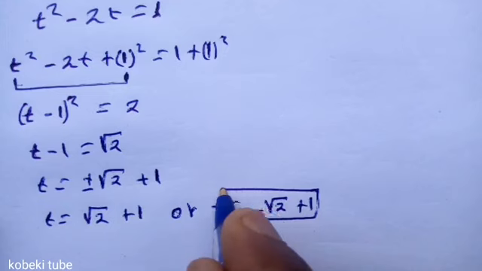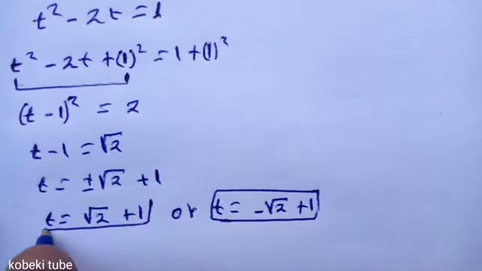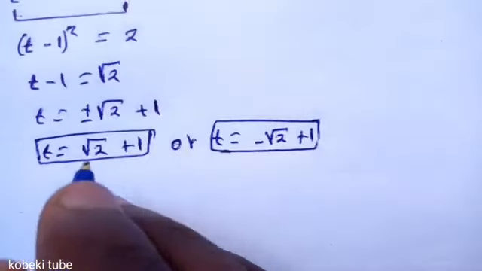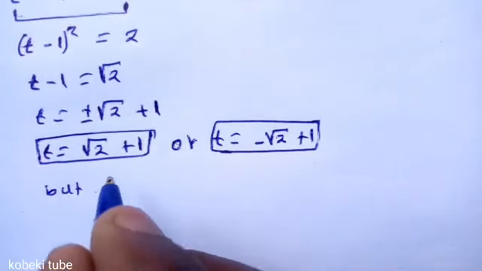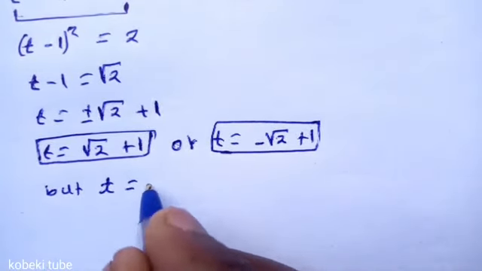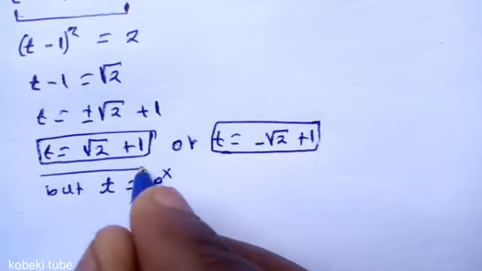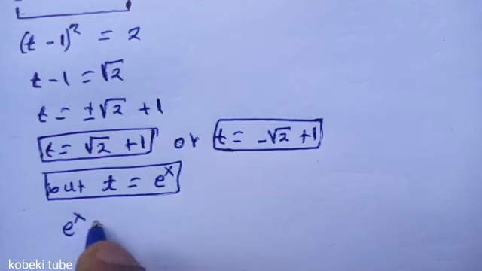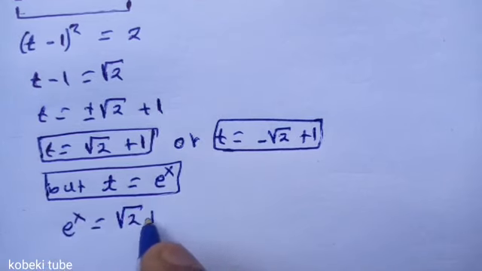So these are the two values of t. But t is equal to e to the power of x. So now this means e to the power of x is equal to square root of 2 plus 1.